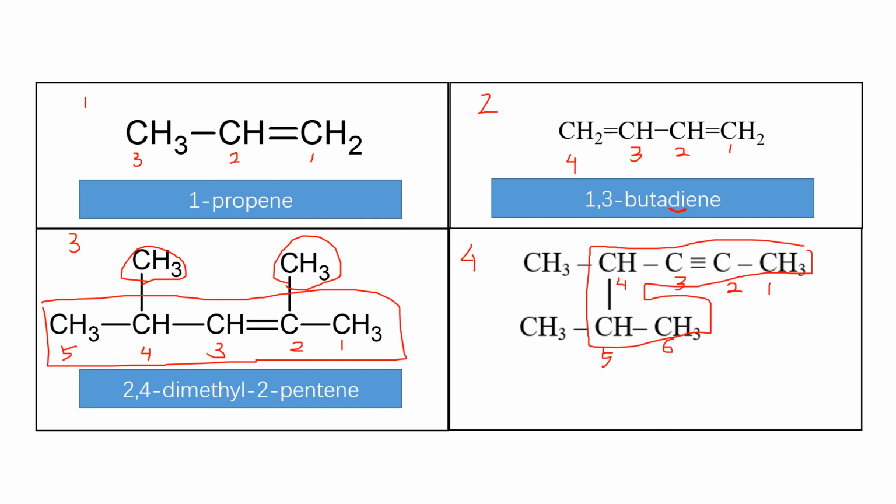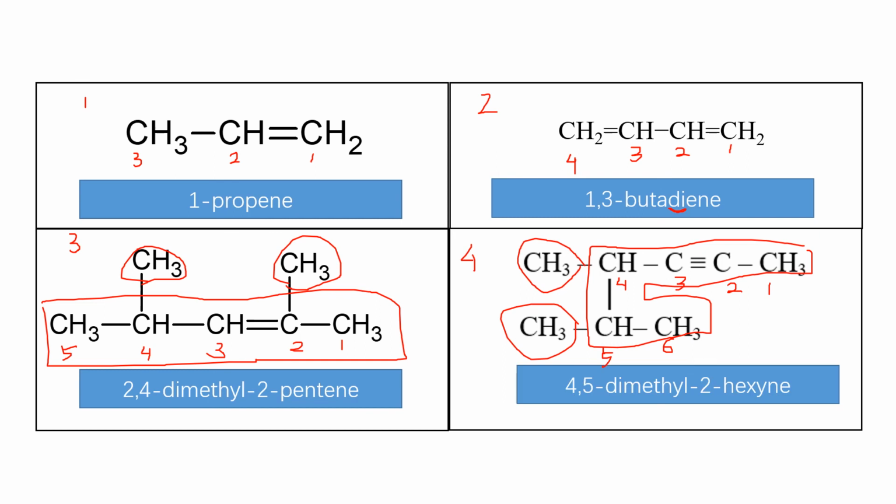This organic compound also has 2 methyls bonded at carbon number 4 and 5, so we can give the name 4,5-dimethyl-2-hexyne.